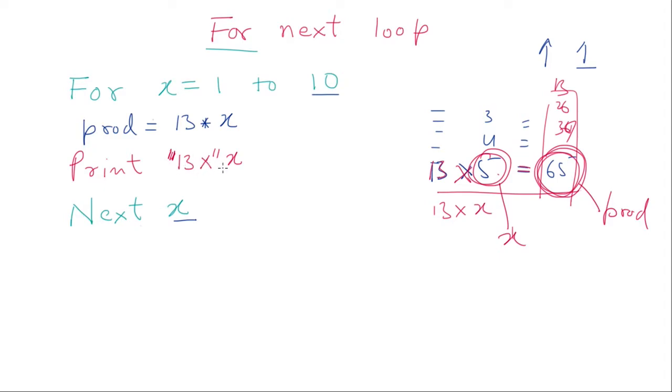13 into, then a comma and x. So it is going to print 13 cross and the value of x, whatever the x value is in that cycle. Then again a comma, I want an equal to in the quotes, right? Right guys? Then again a comma and outside the quotes I want the value.